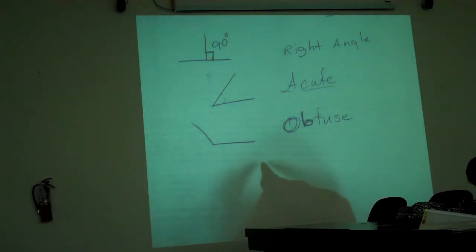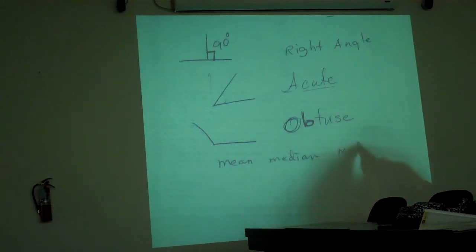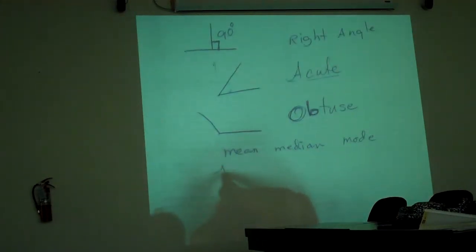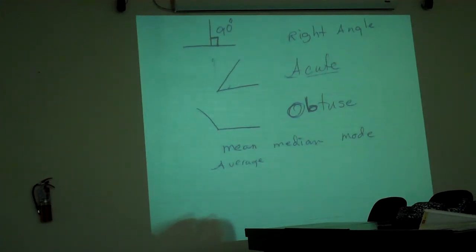remember in your mean, median, and mode? Mean, median, and mode. The mean is your average. What's the median when you're on the interstate? The middle of the road, right?